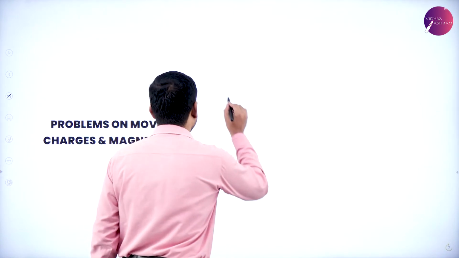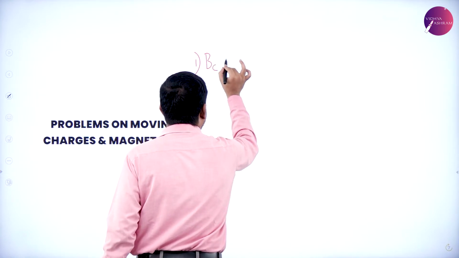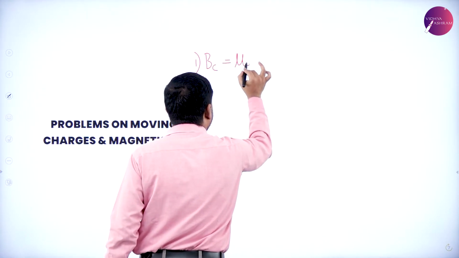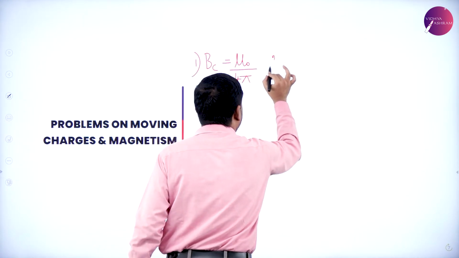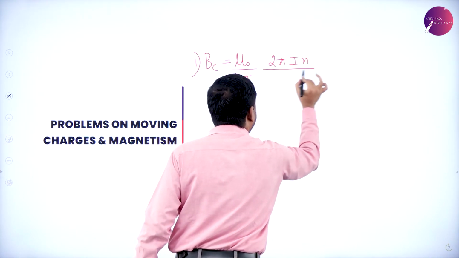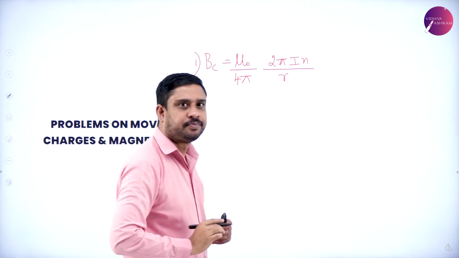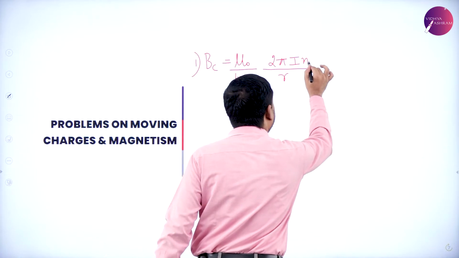The same expression. The moment you come across the term magnetic field at the center, BC is mu naught by 4 pi, 2 pi IN divided by R. Now what is it that we are calculating?